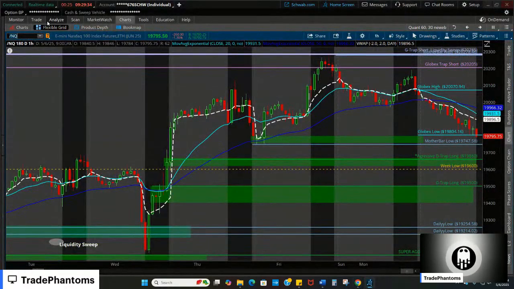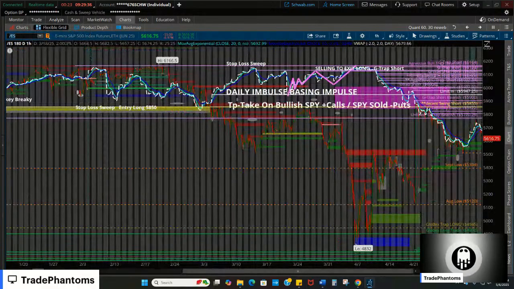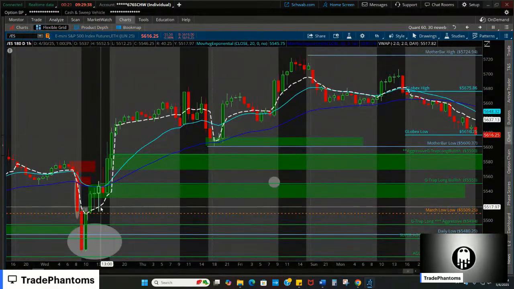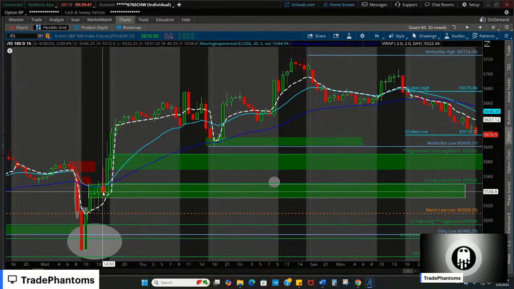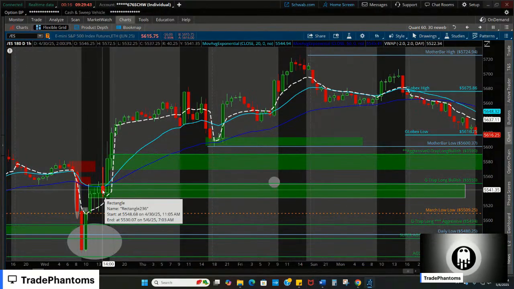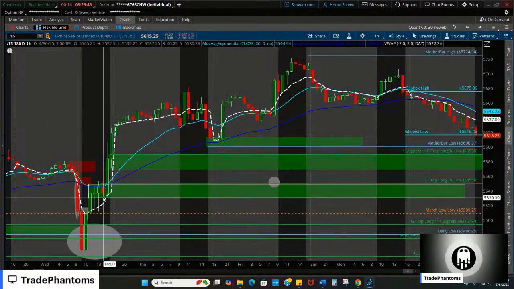So now I just go to the S&P futures. I go to Wednesday, right here, and voila, there it is right there. If you look at the time and date up here, 4:30.